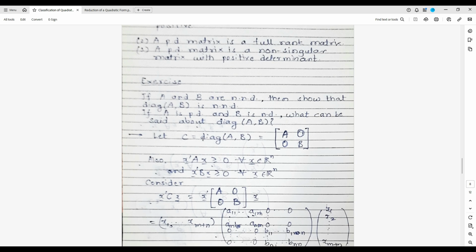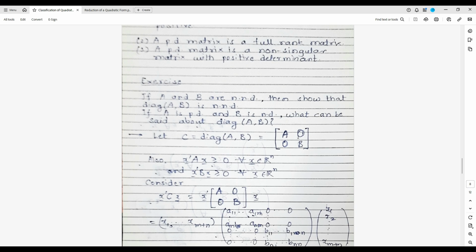So let us take matrix C as the diagonal of matrices A and B. Matrix A is say M by M and matrix B is say N by N. Then this will have M rows and this will have N rows.